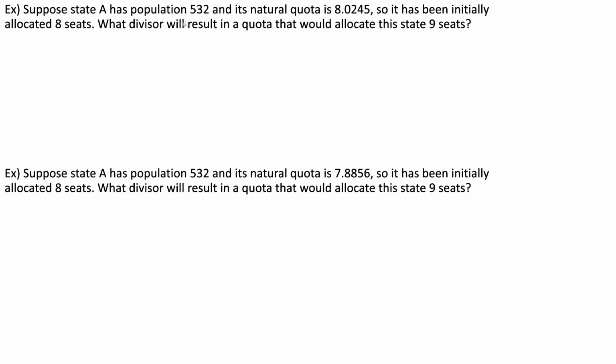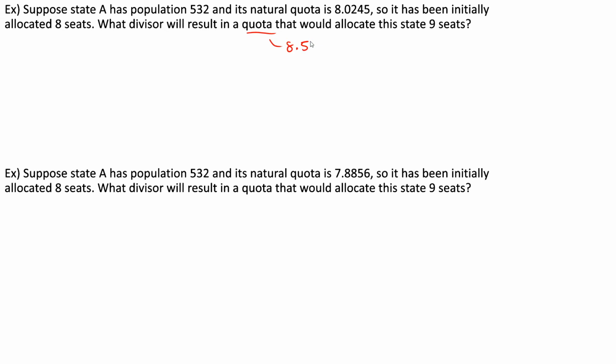Suppose state A has population 532 and its natural quota is 8.0245. So it has been initially allocated 8 seats. What divisor will result in a quota that would allocate this state 9 seats? So we know that if their quota was 8.5 or higher, it would round up to 9.